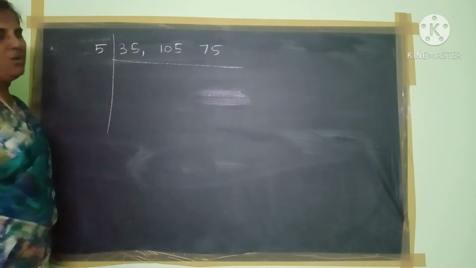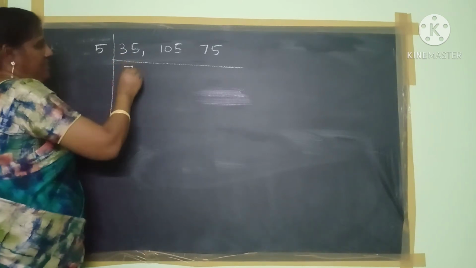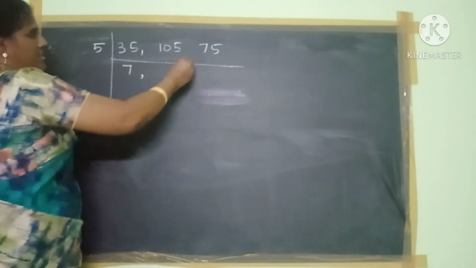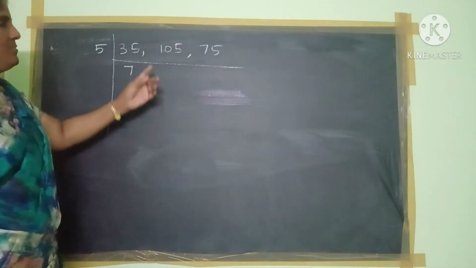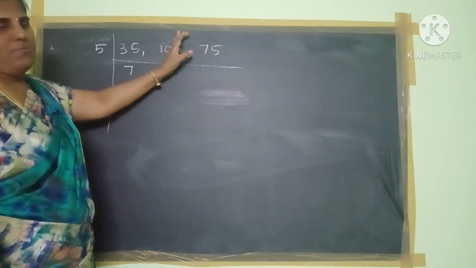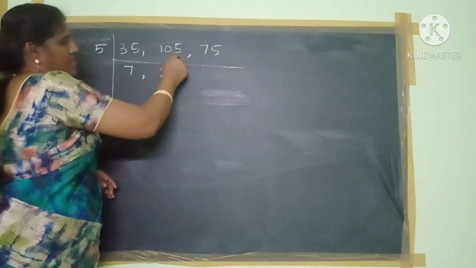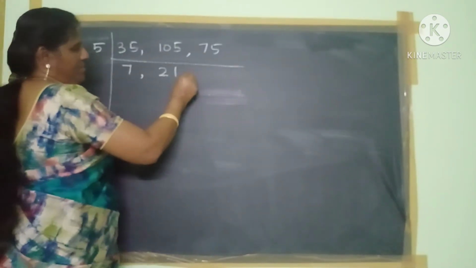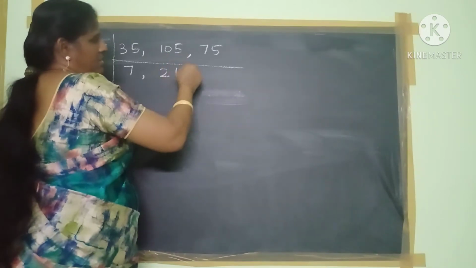In the 5 table, 35, how many times does it come? 7 times. 7 5s are 35, comma. Put a comma like that. Next 105. In 105, first take 10. 10 is 5 twice. In the 5 table, 2 times comes. Then 1 time. 21 5s are 105. Then put a comma. You just put it evenly.